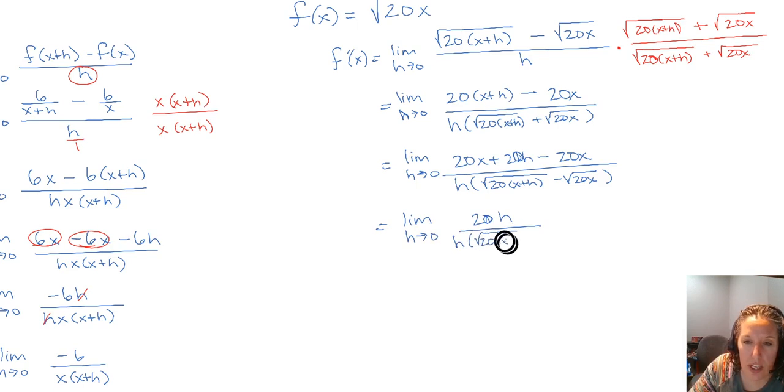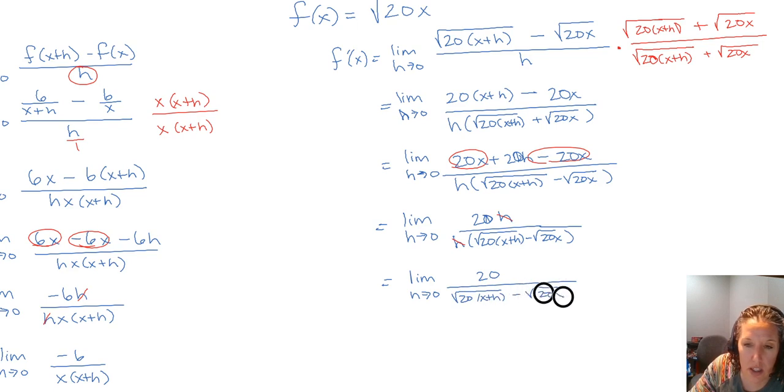And now we can divide out that common factor of h. Because we have an h on the top and an h on the bottom, those are going to divide out, and we have gotten rid of our singularity in the denominator, and so we are ready to evaluate the limit and plug in h equals 0.